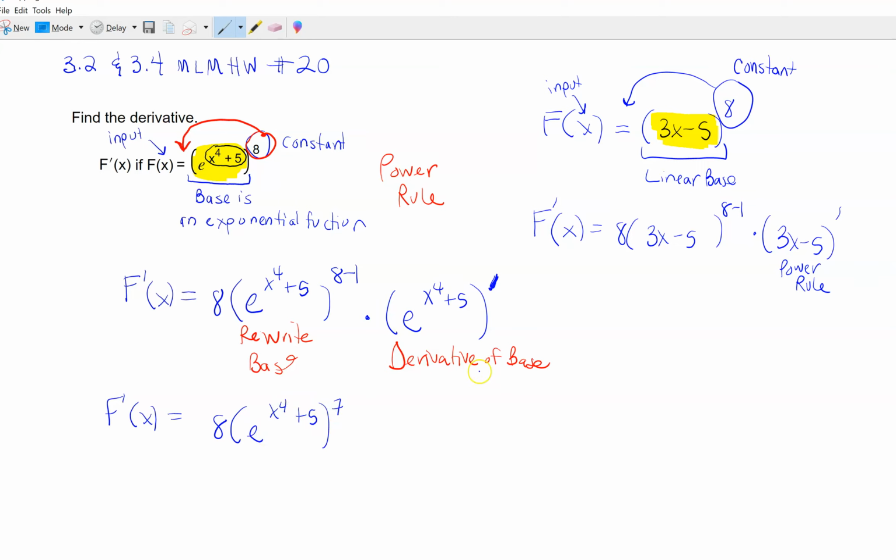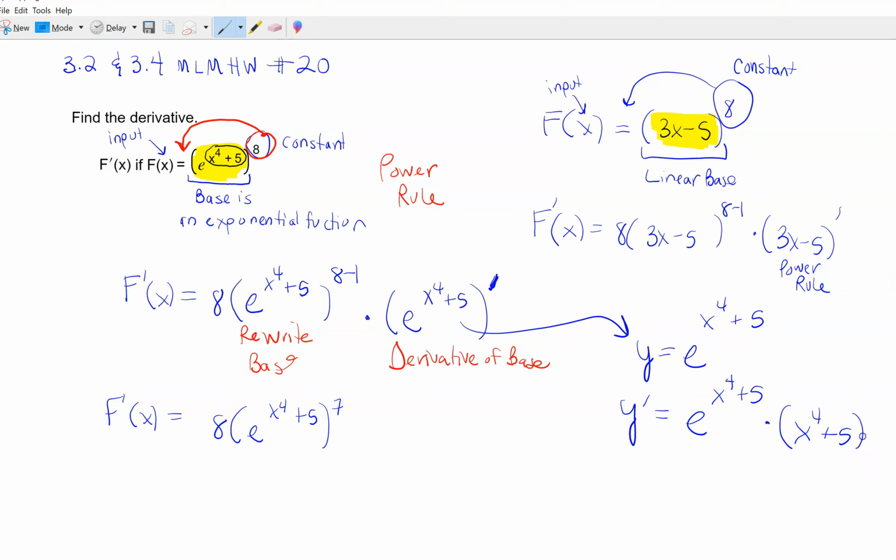And the derivative of this base is going to require chain rule in and of itself. So let's come over here and say, okay, if this is my function, e to the x to the 4th plus 5, that exponent up there is not a plain x. So when I go to do the derivative, it's e to the exponent, x to the 4th plus 5, but then we have to tack on the derivative of that exponent.